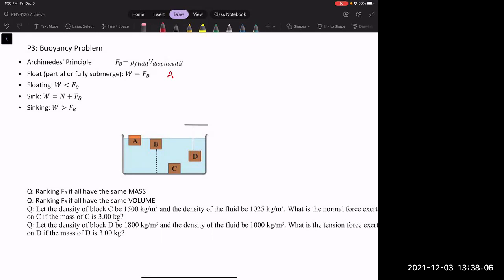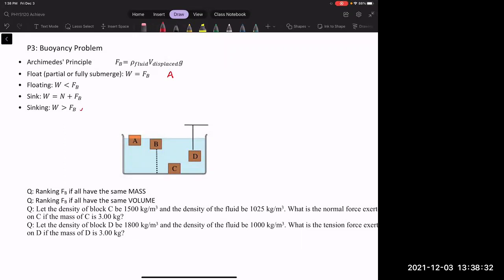So if you look here, the only situation where the weight equals the buoyancy force is block A. If it's floating upwards, that means the weight is smaller than the buoyancy force. Similarly, if the weight is greater than the buoyancy force, then it is going to be sinking.